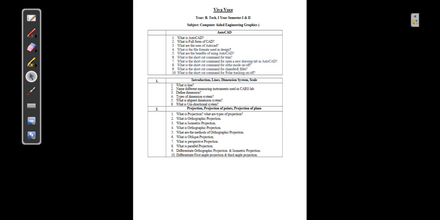Whereas in the unidirectional system, the values are placed at the middle of the dimension line, not above or below, exactly at the middle, at the gap. It should be at the center, and the observer will be at the bottom only, not on the right side. So these are the two systems: aligned system and unidirectional system.